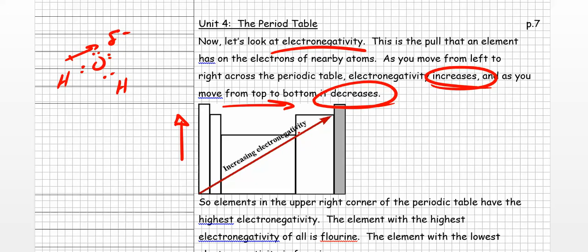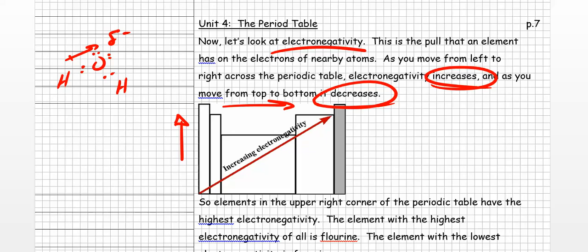In other words, the atoms at the upper right-hand corner of the periodic table have the greatest electronegativity, the greatest tendency to attract nearby electrons. And those in the lower left-hand corner have the lowest tendency, the lowest electronegativity.